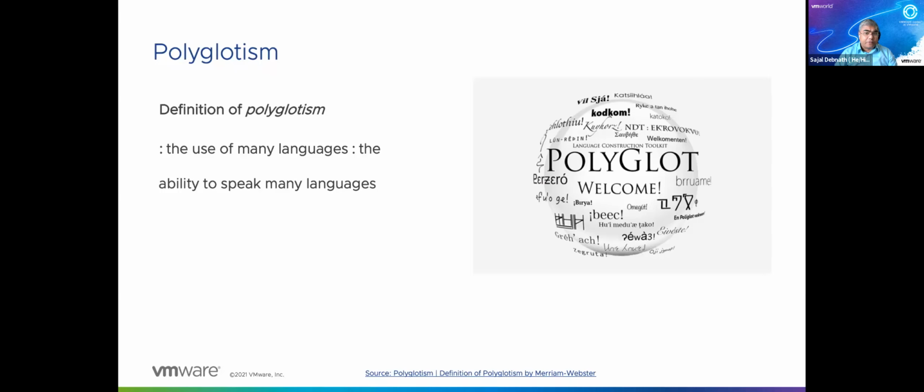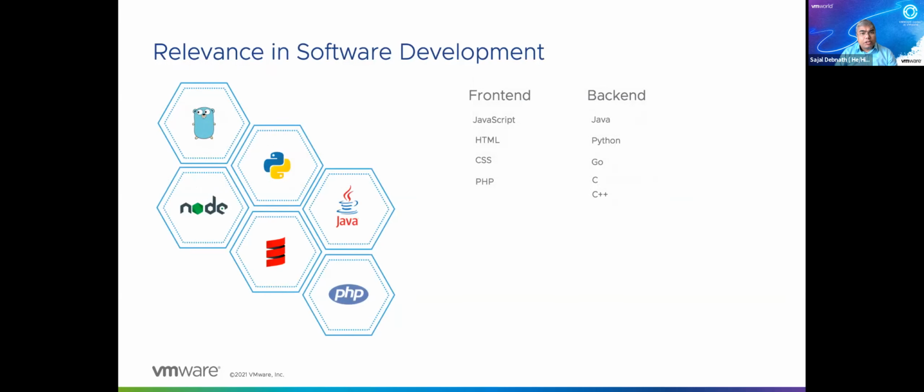What is its relevance in software development? Traditionally, we have seen that an application was developed in a single language, whether it was C, C++, or Java, but it entirely consisted of a single language. But with the changes in the software development methodology, with agile development, DevOps, with the containerized applications and microservices, there's a shift in the way we develop applications.